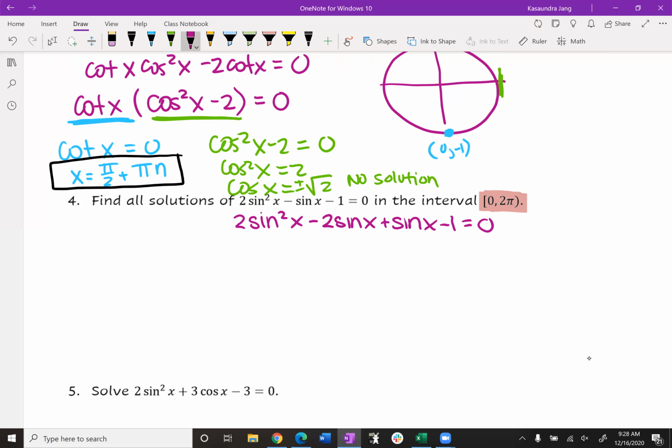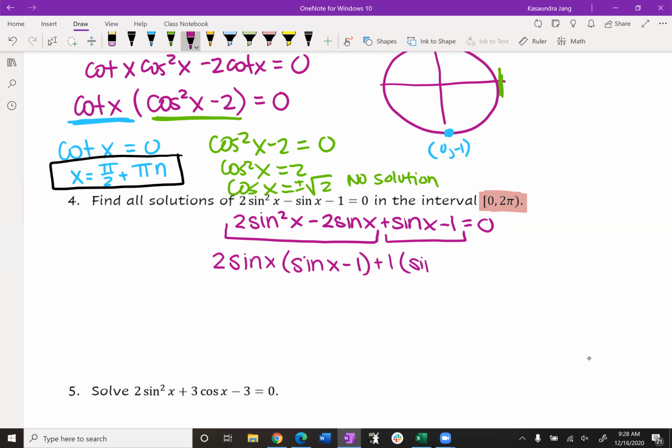But let's see, if I do my factor by grouping, this first group right here, what they have in common is a 2 and a sine. And I'm left with the sine of x minus 1. All right, so I did my GCF, my greatest common factor, in the first group. The second group, I don't really think they have anything in common. I guess I could factor out a +1, but that's pretty much it.